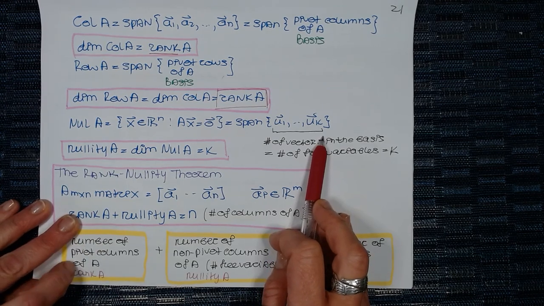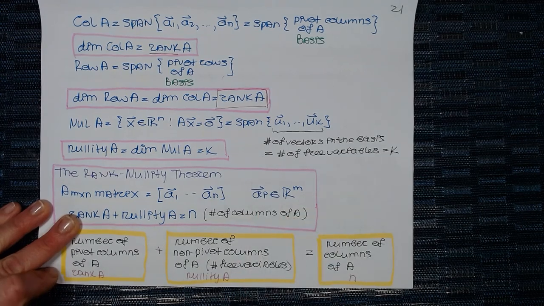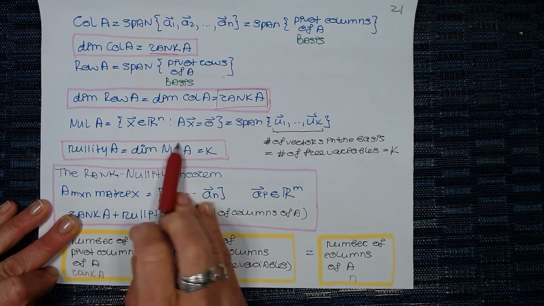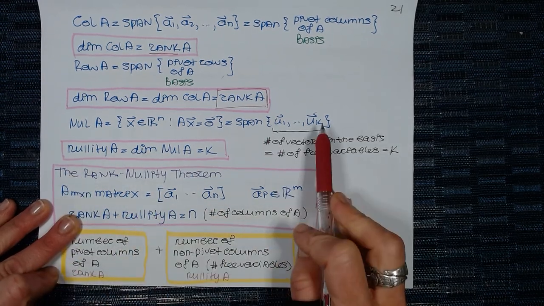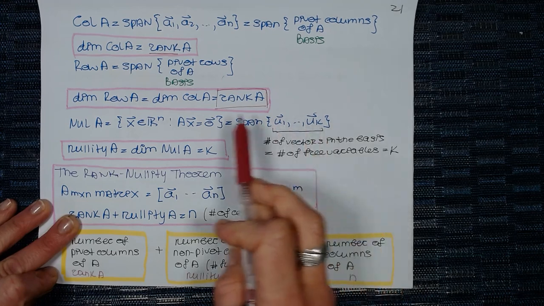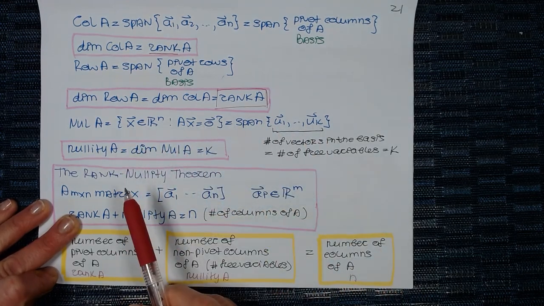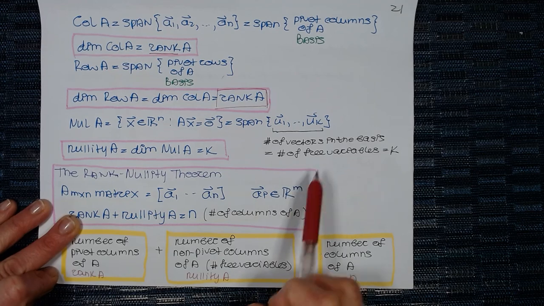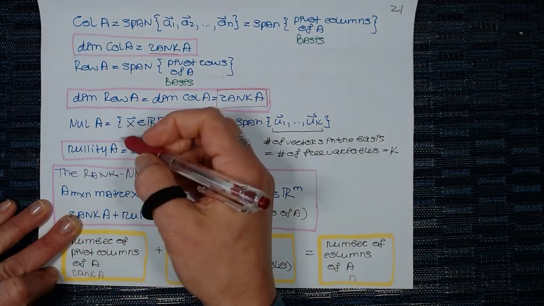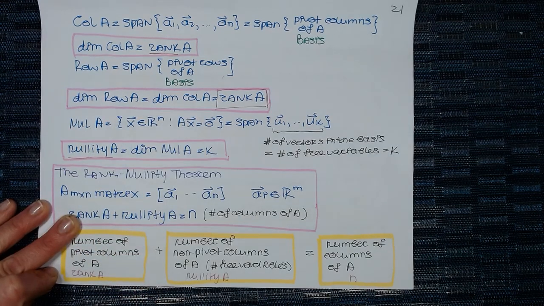The number of those basis vectors corresponds to the number of free variables in my system, because each free variable gave me an arbitrary constant. When I factored everything out, those free variables were weights on the basis vectors for the null space. So the dimension of the null space is the number of basis vectors for the solution set of the homogeneous problem, corresponding to the number of free variables, and another name for it is the nullity of the matrix A. So nullity is the dimension of the null space.